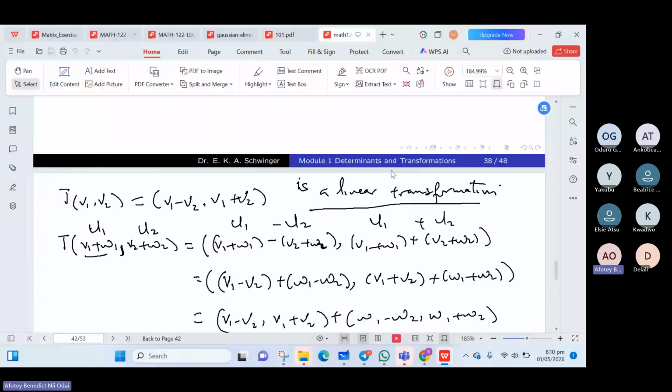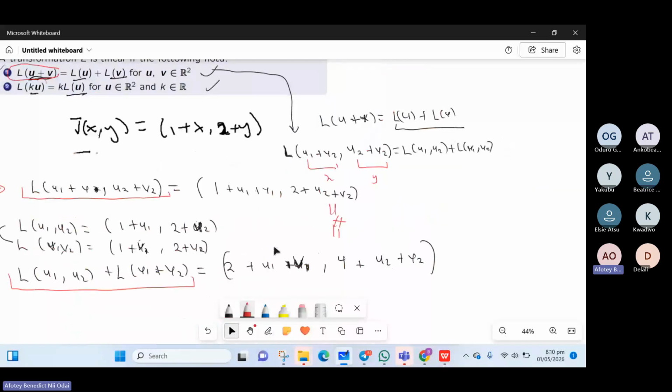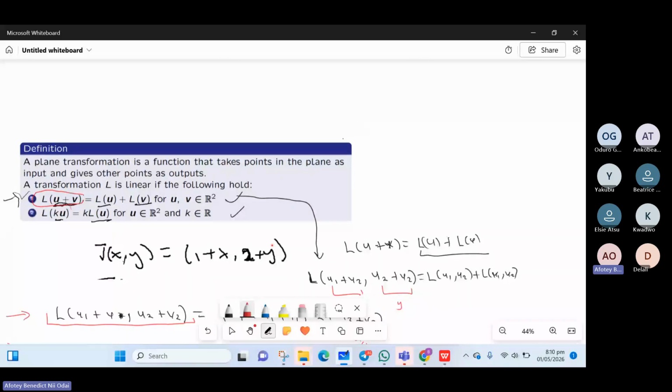Okay. So let me go over the expansion. Once you get the expansion, the formula is given in this way, like U plus V. Now you have to see U plus V as L(U1 plus V1, comma U2 plus V2).